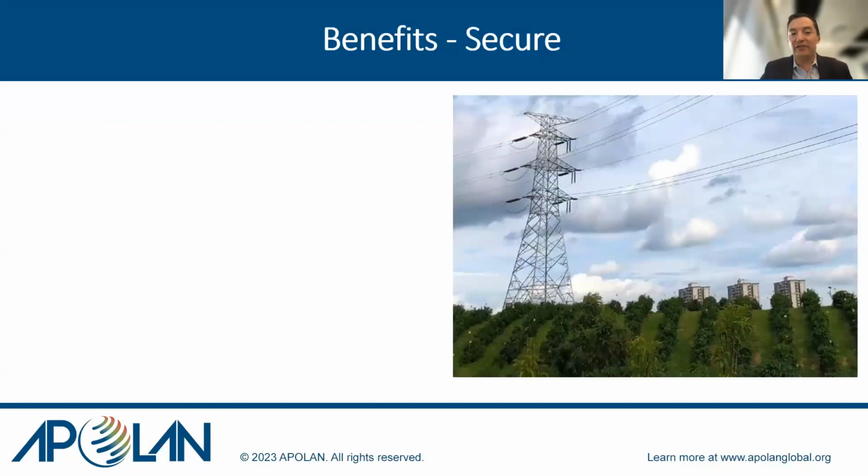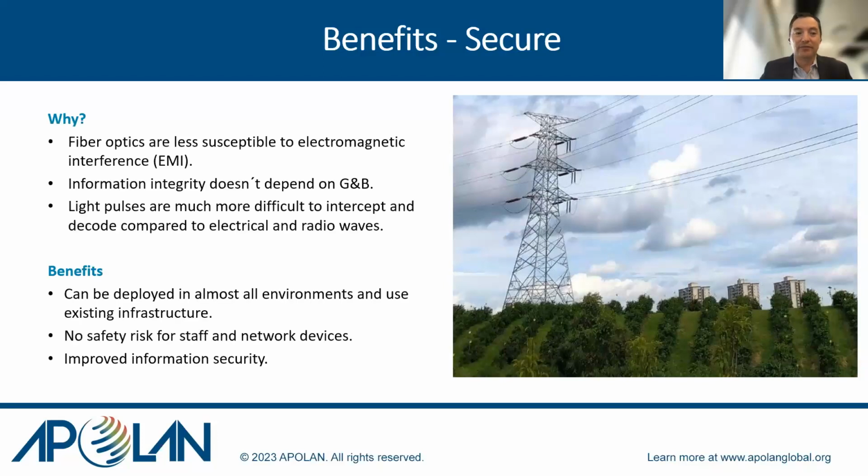So we have some benefits. It is secure. Why? Fiber optics are less susceptible to electromagnetic interference. So in many cases, we can install the fiber optic within the same infrastructure with other cabling, for example, power cabling.